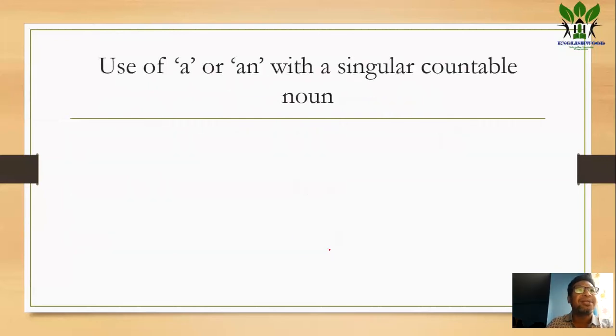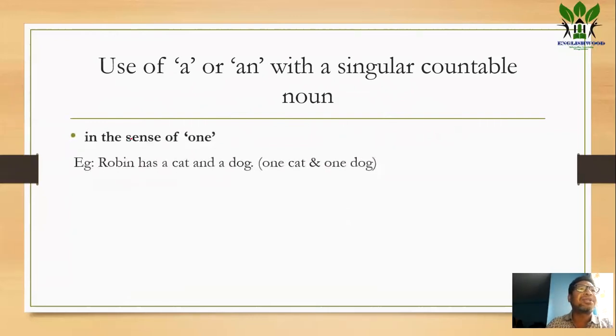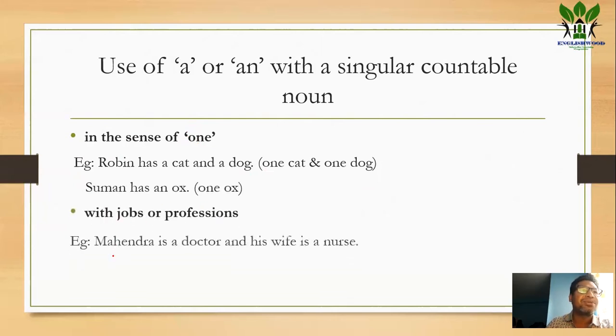Use of a and an with singular countable nouns in the sense of one. We discussed already, it has a sense of one. Robin has a cat and a dog, that means he has one cat and one dog. Suman has an ox. With jobs or professions, we use a or an.